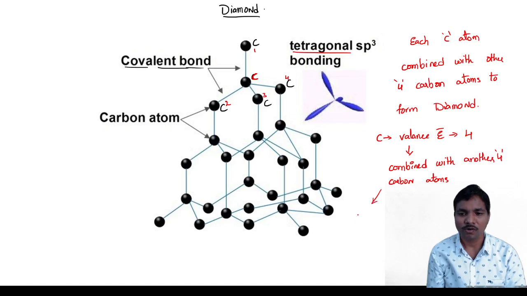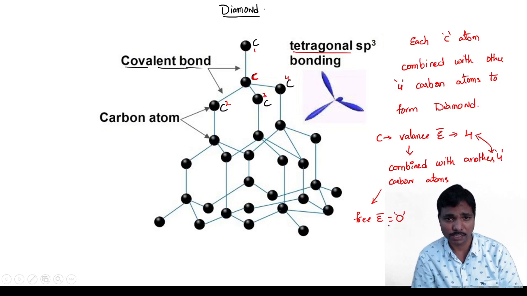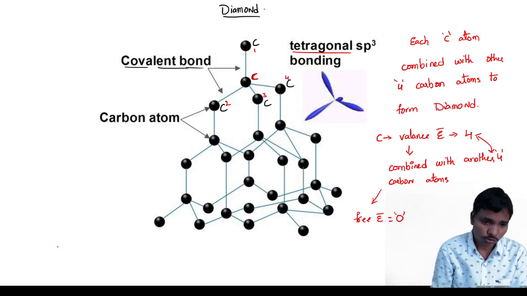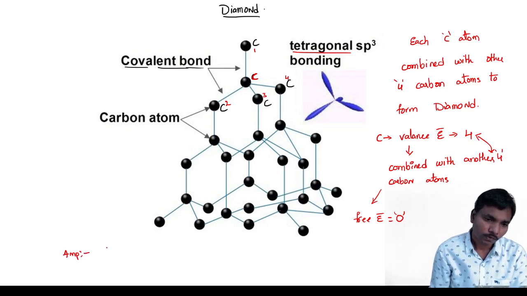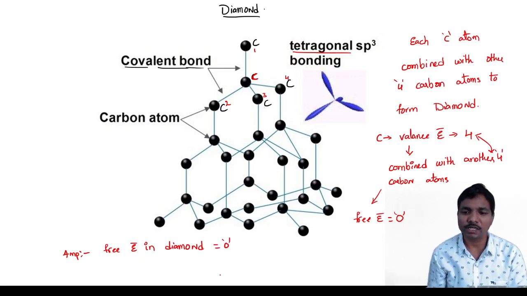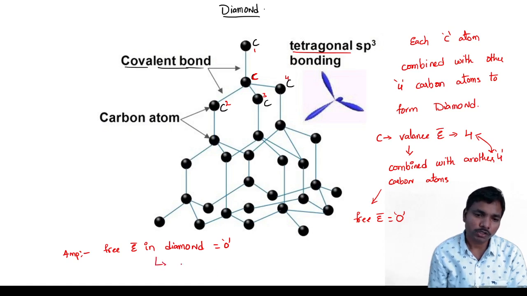Then what are the free electrons? These 4 will be combined with another 4 carbon atoms, so free electrons are 0. In the diamond structure, the free electrons are 0. So the very important point: free electrons in diamond is 0.